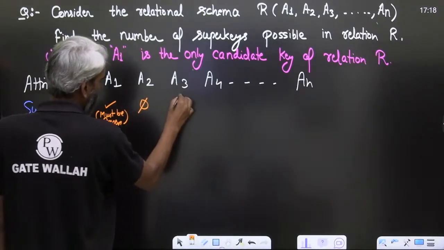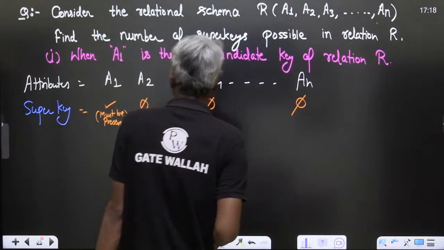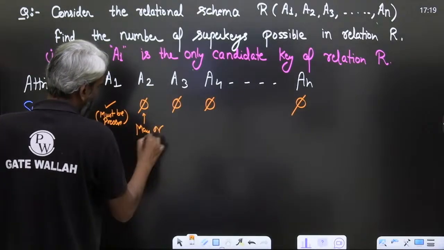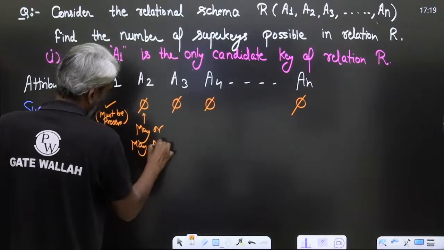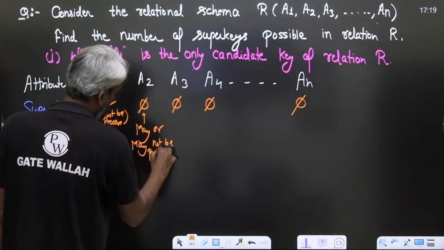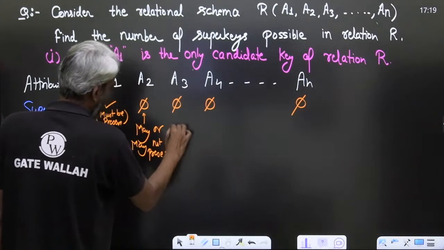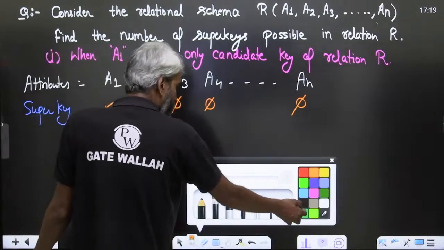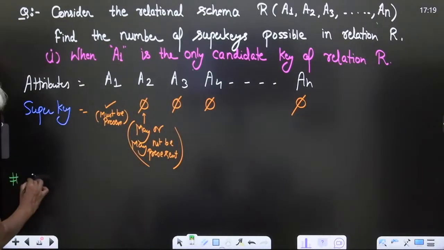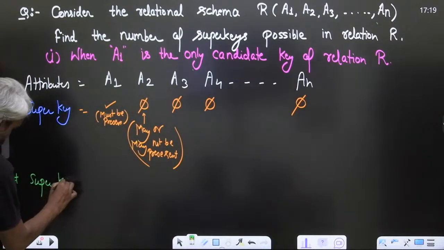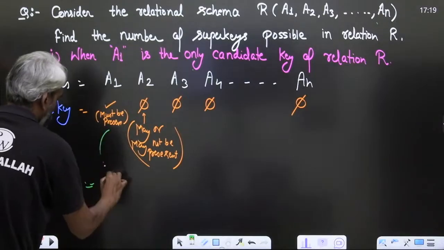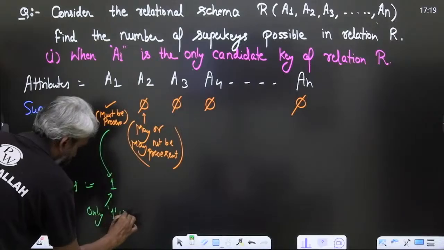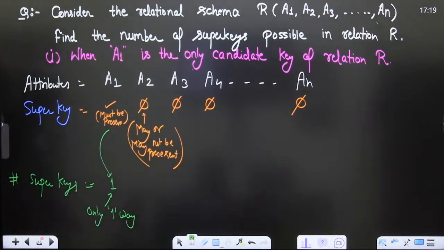I'm saying phi represents don't care, that may or may not be present. So if I ask you for the number of super keys, only one way for A1 to be present.